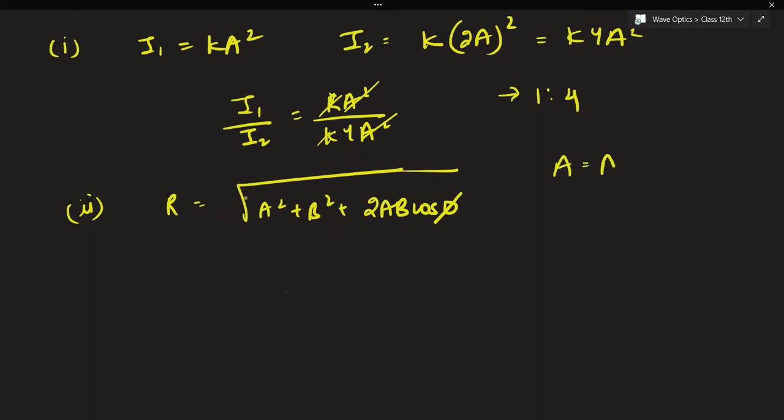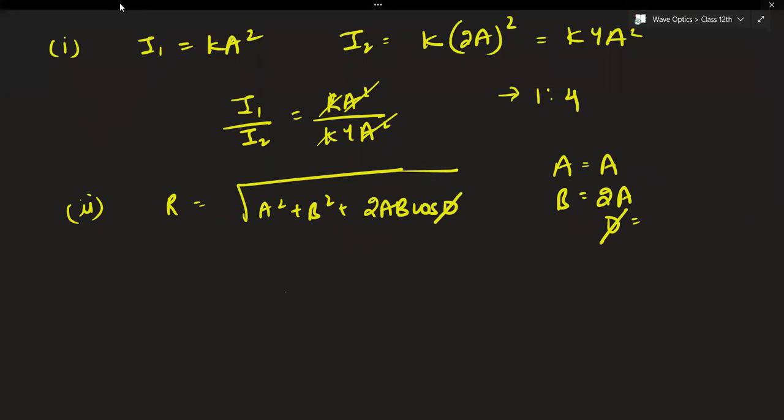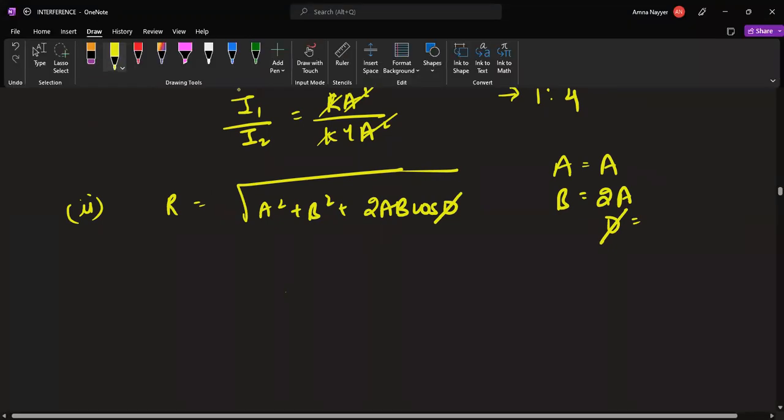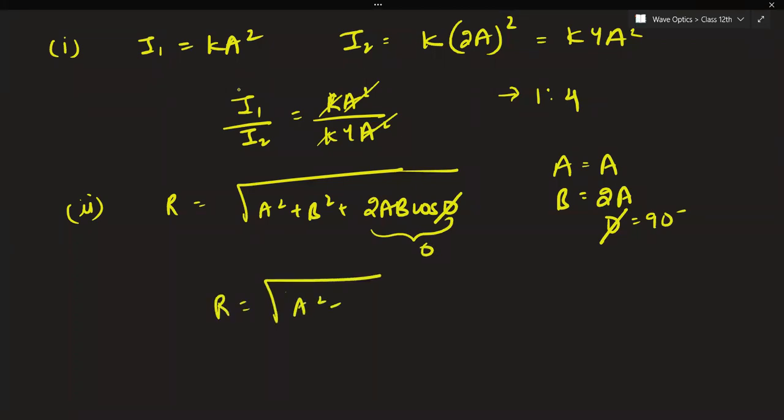A is given as A, B is given as twice of A, and phi is given as pi by 2, that is 90 degrees. So the entire cos term will be 0. Under root A squared plus 4A squared, that is 5A squared. So the amplitude will be A root 5.